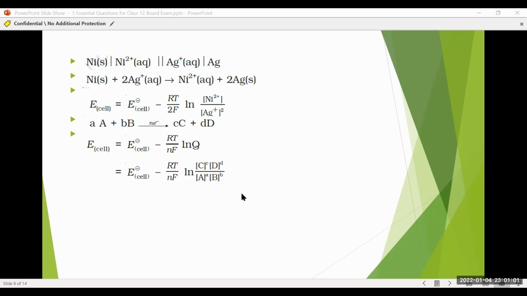It will become easier for you if you learn this equation in this more simplified manner, that is ln Q last. Q means product ionic concentration upon reactant ionic concentration.